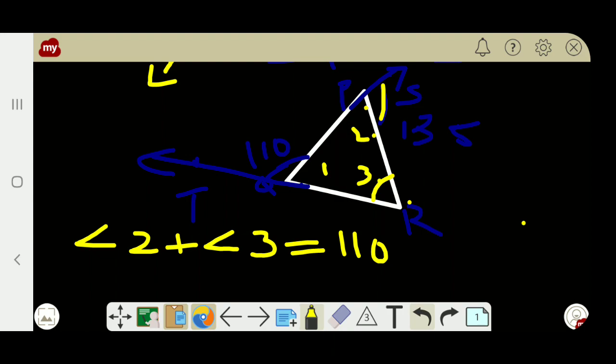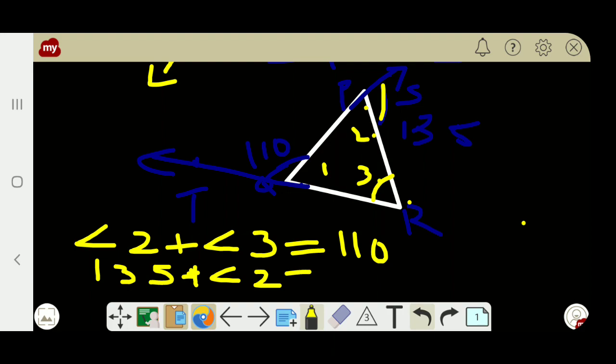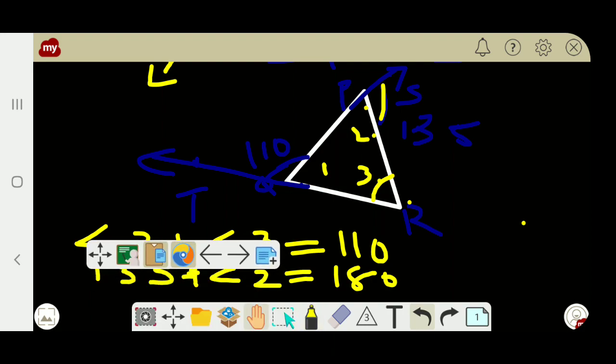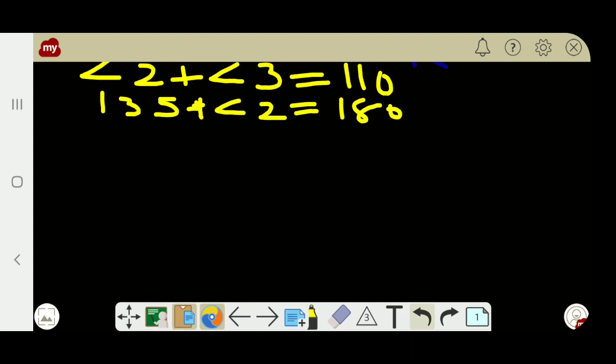That is, SPR means 135, so 135 plus angle 2 equals 180. If it is so, what is the measure of angle 2? Okay, dear children, 135 plus angle 2 is 180 because they are a linear pair.